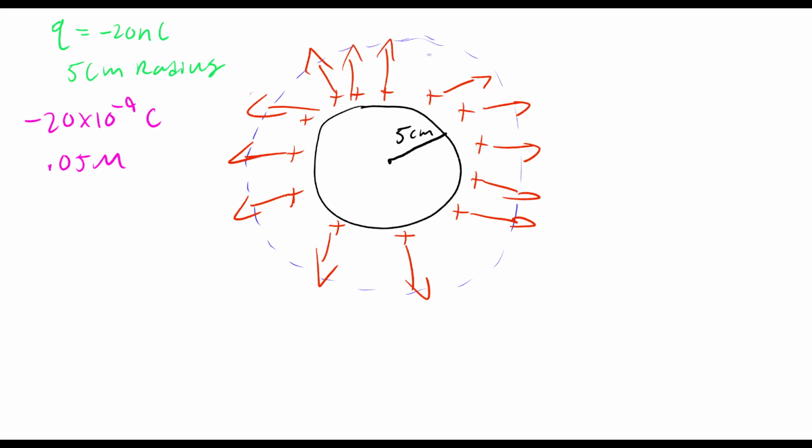Okay, so if we're only looking at the 1 centimeter radius, then that means that we have to be like over here, right? That our radius has to be inside. And what does that mean for us?